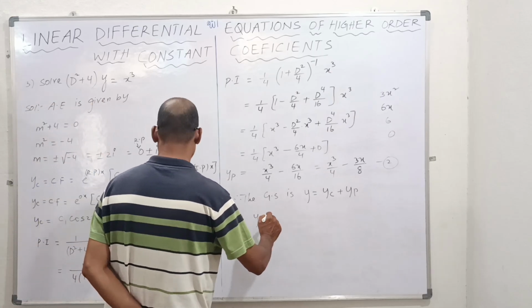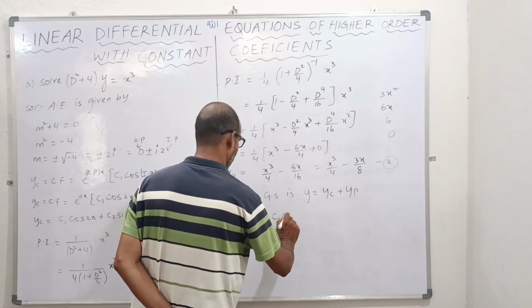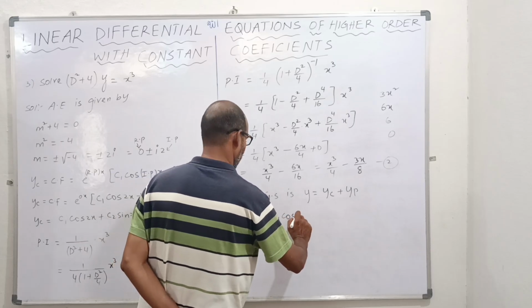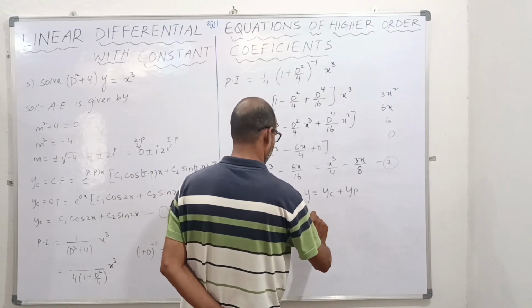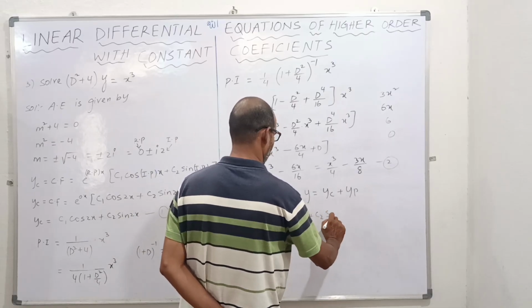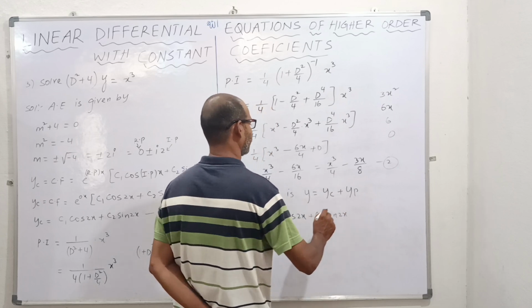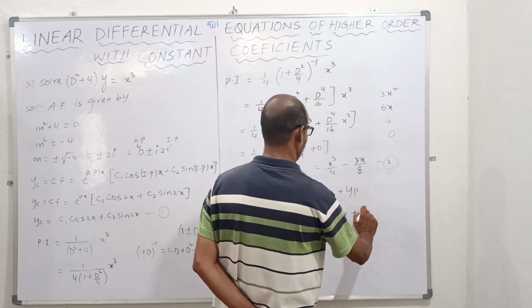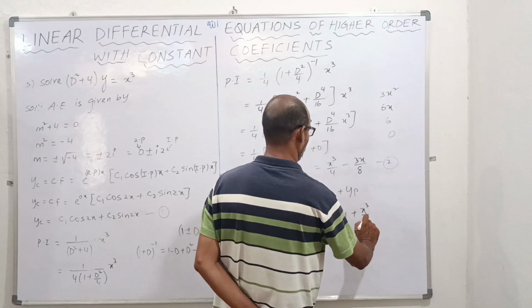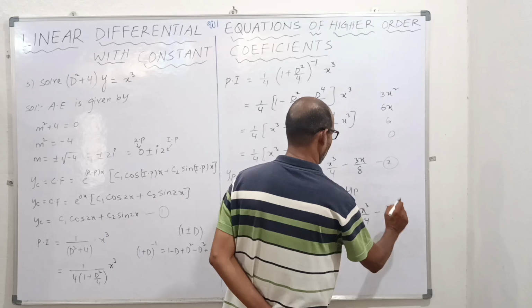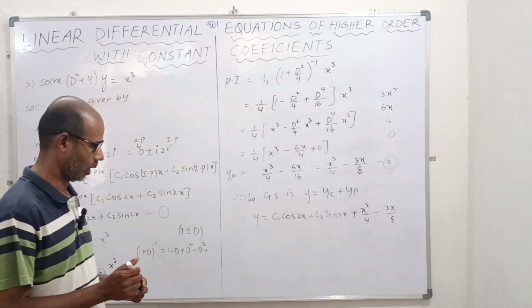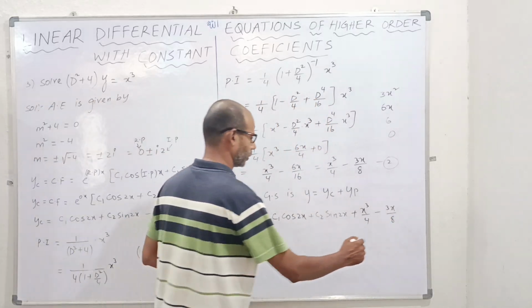Therefore, y equals c1 cos 2x plus c2 sin 2x plus x cube by 4 minus 3x by 8. So that is the total solution, right?